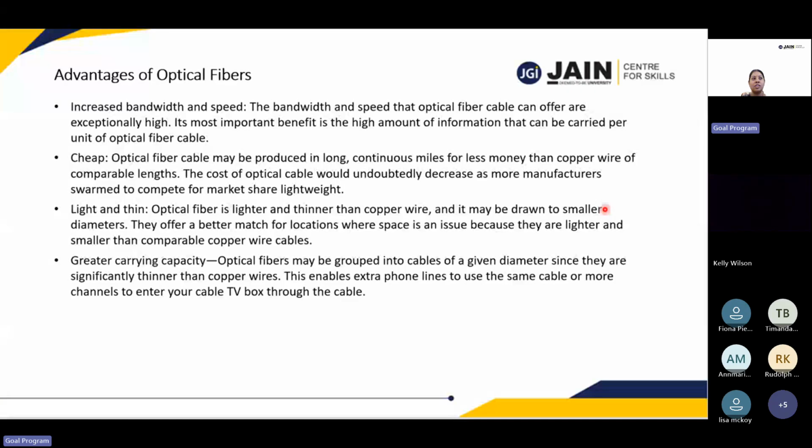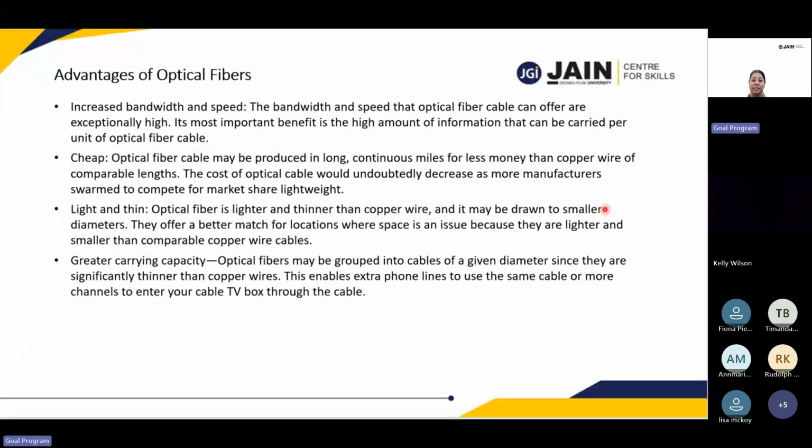As we have discussed, it's used for long distance communication. When I say long distance, it is a very huge distance it can cover, continuous miles, for less money than copper wire of comparable lengths.